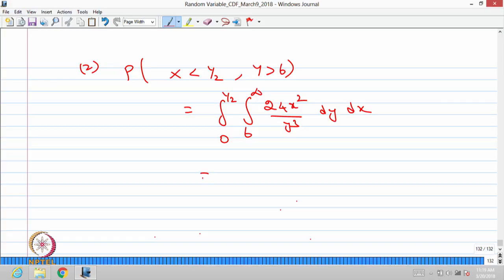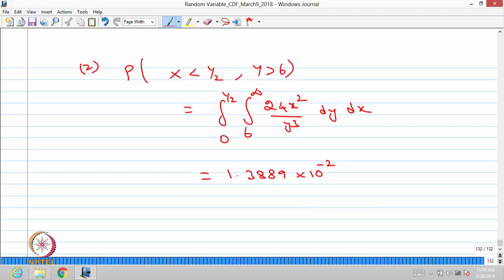Here also if you do the integration and do the simplification, you can get the answer. It is 1.03889 multiplied by 10 power minus 2. I am not spending time on the integration. You can do the integration and you can get the answer.